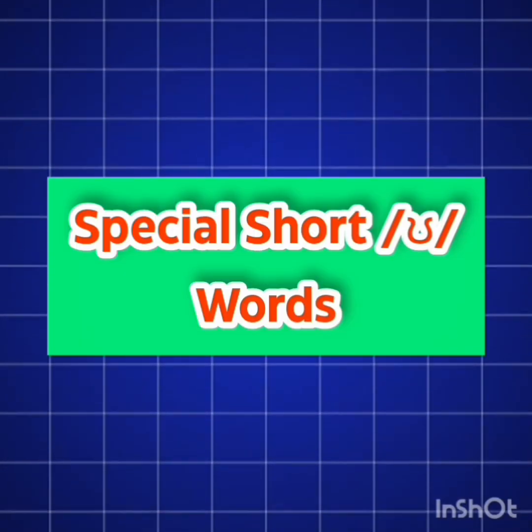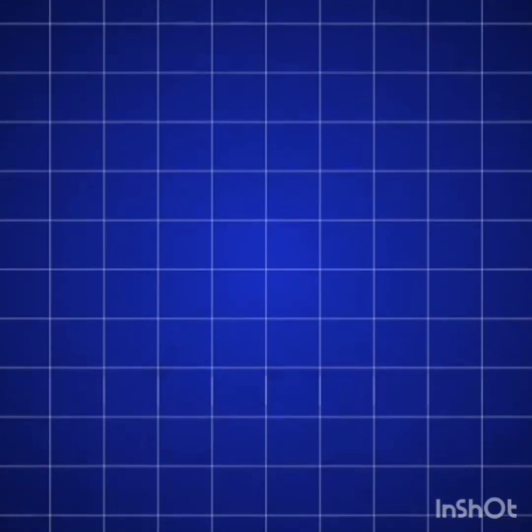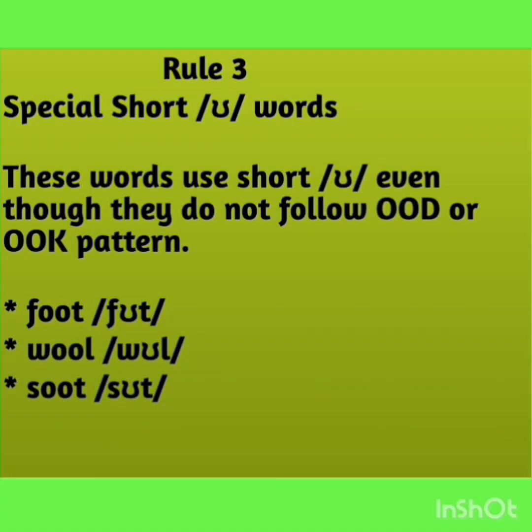The third instance in which we have short U is certain words, just three words, that give short U. They are suit, foot, and wool. Suit, foot, and wool. These three words also give short U. I am not saying OOL words or OOT words this time around, only these three words.